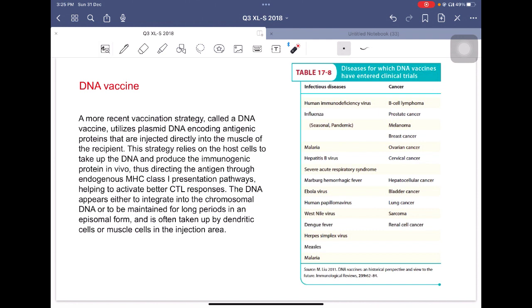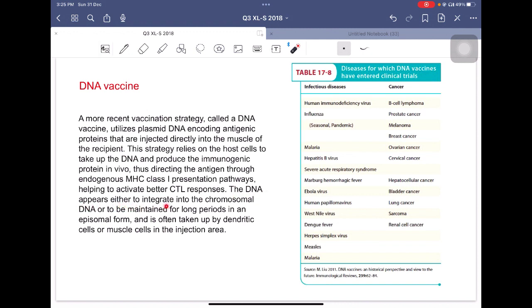Since the protein will be present inside the cell, it will be directed by the MHC class 1 antigen presentation pathway, and since it is associated with the MHC class 1 pathway, it will activate better cytotoxic T lymphocyte responses. Cytotoxic T cells will be better adapted to recognize these kinds of protein antigens.